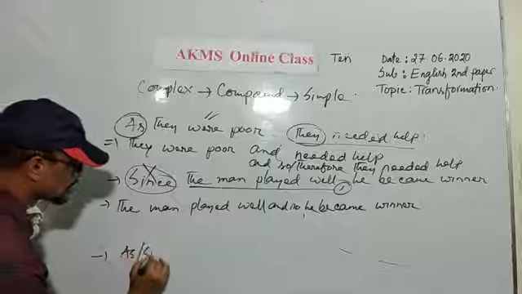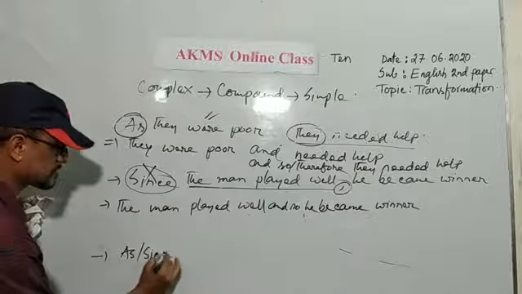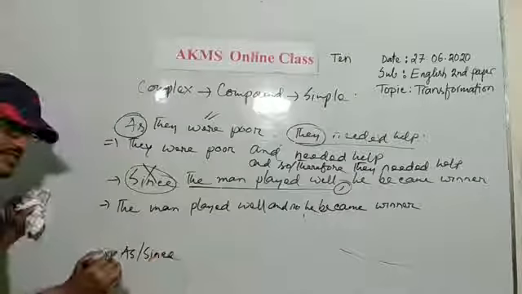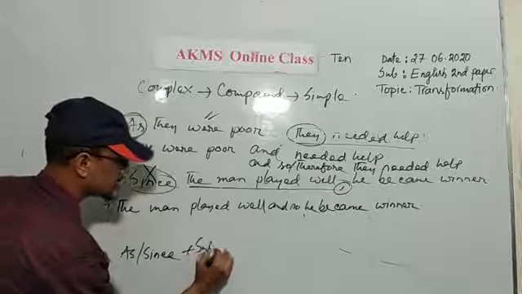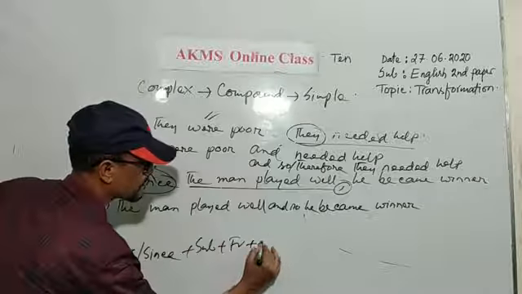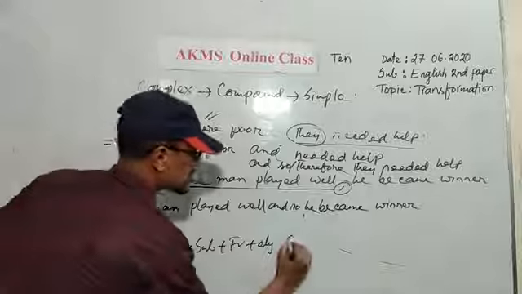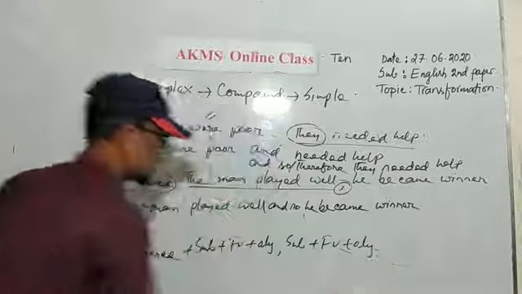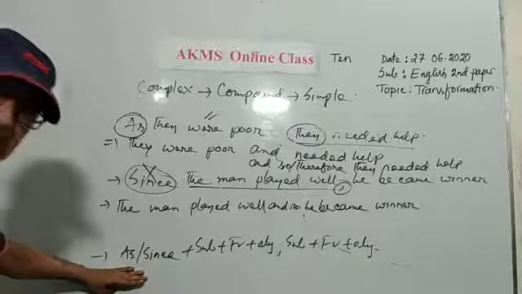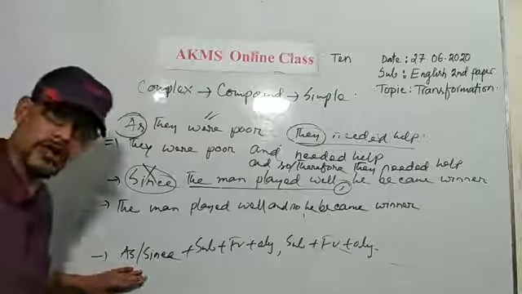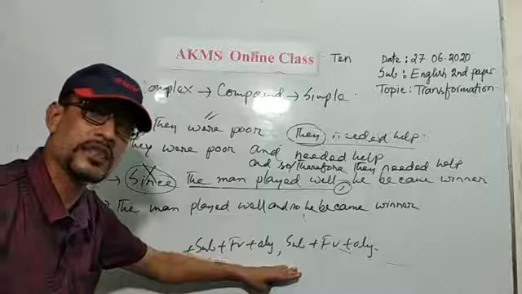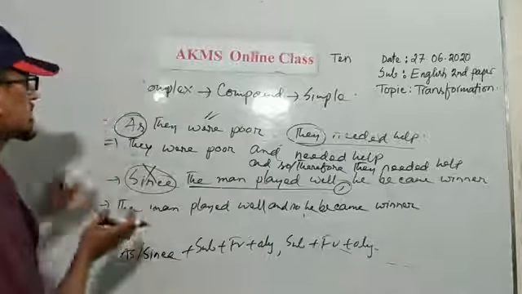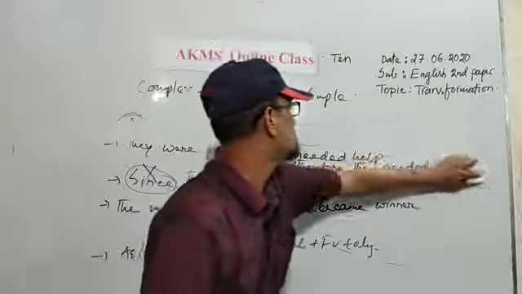As or since, then subject, finite verb and object. Subject, finite verb and object. As and since can also be used in the middle of the sentence. Just like this. Look at the board please again.